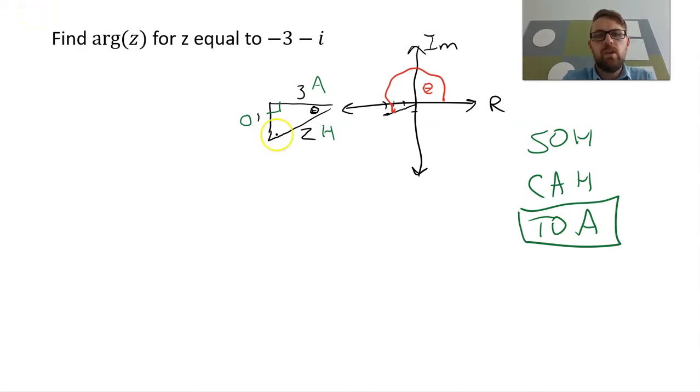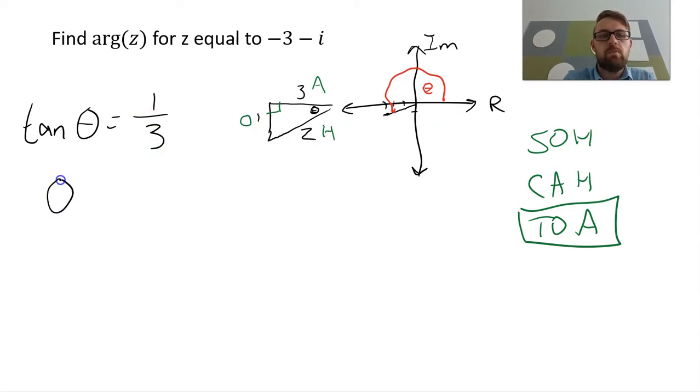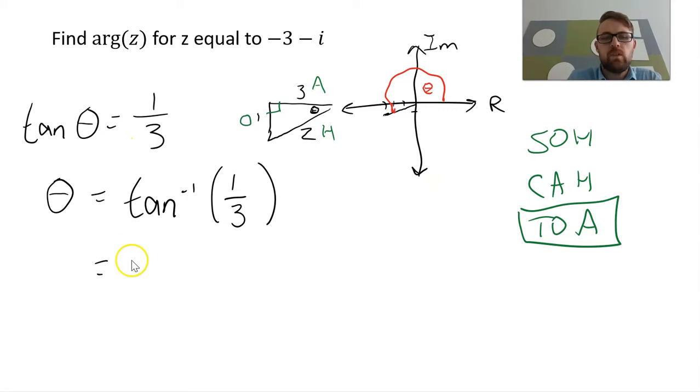So tan of our angle theta equals opposite 1 divided by adjacent 3, which means our angle equals the inverse tan of 1 over 3. And we just slide that one into our calculator. If we put that in our calculator, we get an answer of 0.322, I'm reading my screen wrong, radians.